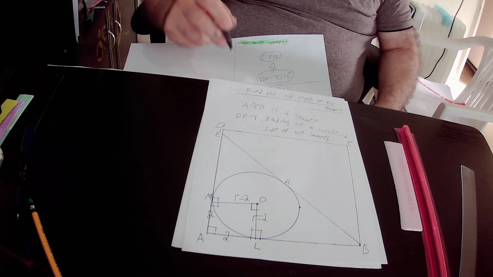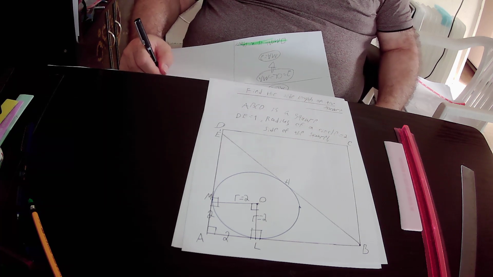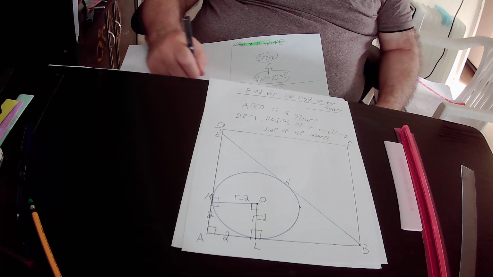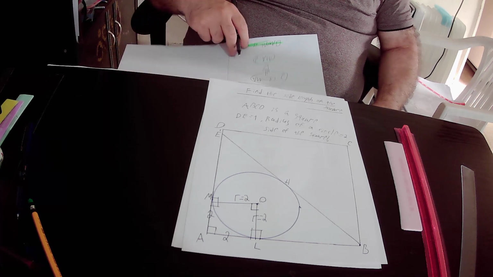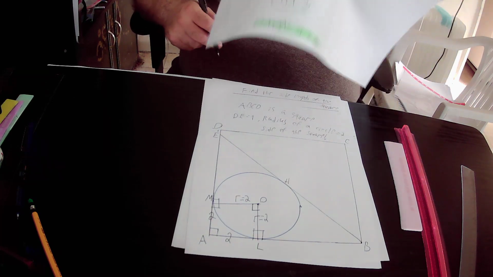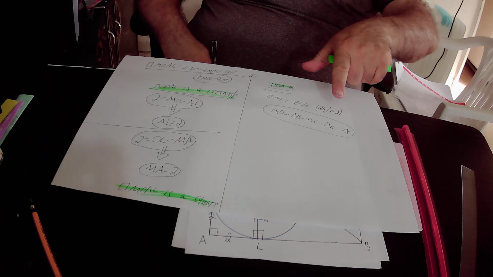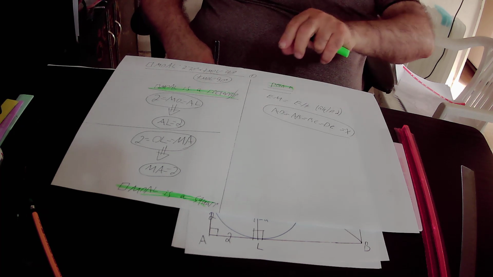It will be equal to DC, and all those sides are equal to x according to our definition. I repeat again, in the square ABCD, AD equals AB equals BC equals DC equals x.